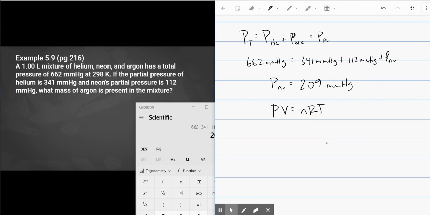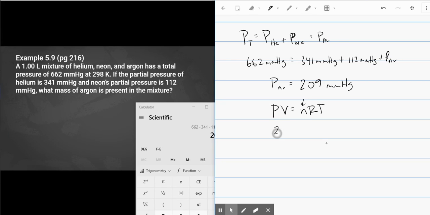To get to grams, which is what the question is asking for, we have to find these moles. So we can plug in the partial pressure, the moles, the temperature, and the ideal gas constant here.